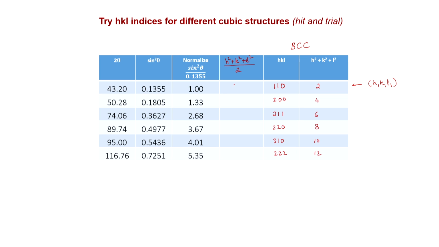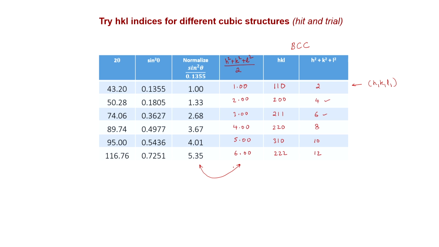The first one I will get 1.00, obviously 2 divided by 2. Next one is 4 divided by 2, that gives me 2.00, 6 divided by 2, 3.00, and you will see the next one would be 4.00, 5.00, 6.00, and we are supposed to compare these two.